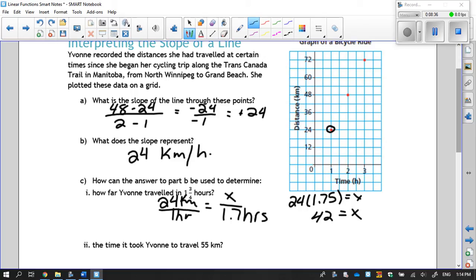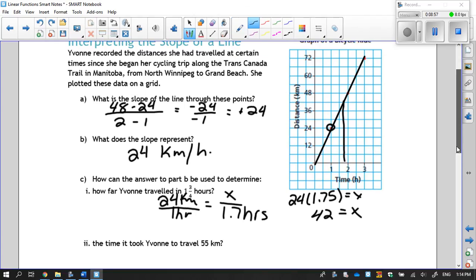And then we can check that if we're looking at 1.75. Yeah, it's about 42, because if we drew a line right here and connected these dots, yeah, it's about 42. Not bad.